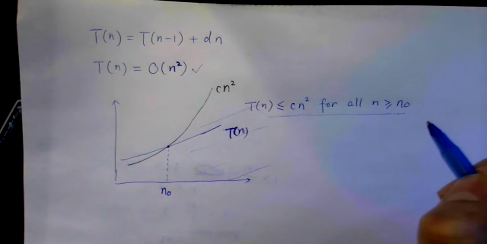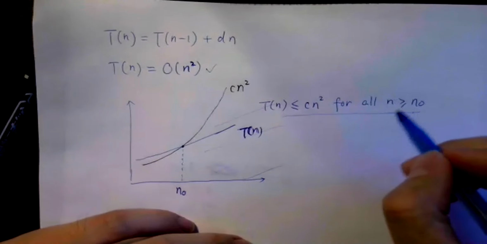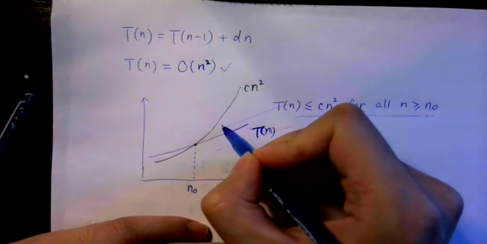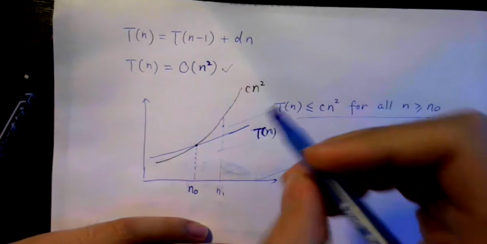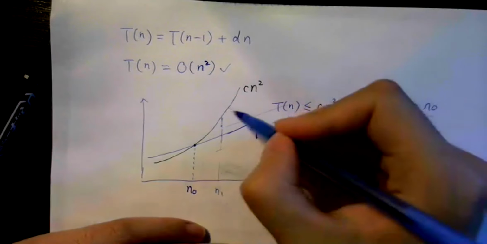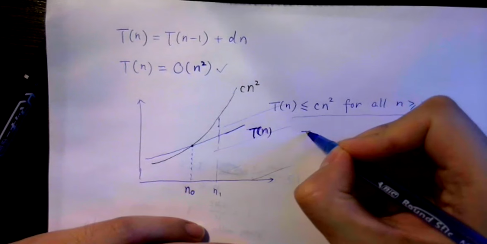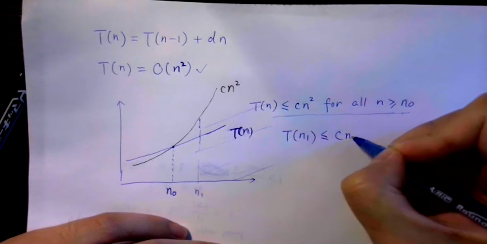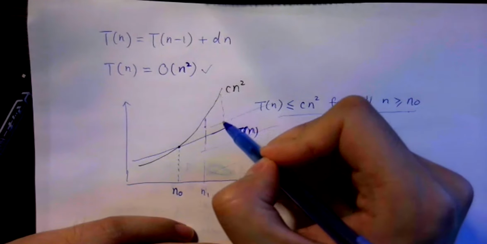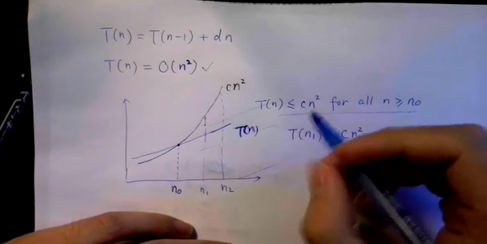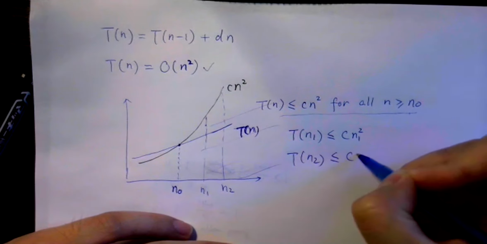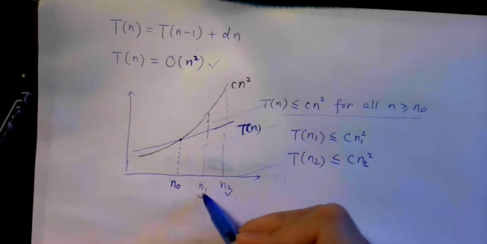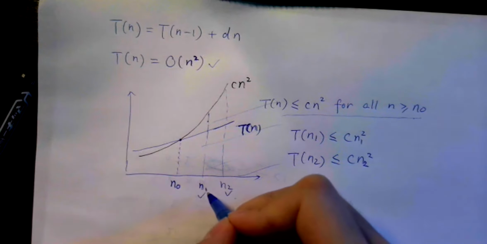Mathematical induction is based on the idea that if you can show that for some n1 this upper bound holds, and for a larger value n2 this upper bound also holds, then you show that if n1 is true, then n2 is also true, and n1 could be an arbitrary choice.